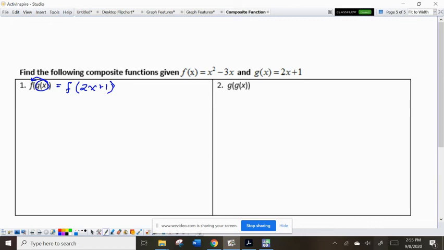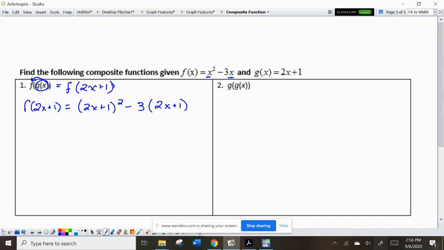And that's going to look like this. X is in 2 spots, so that has to replace both x's. Do you see that? This x and this x both have to be replaced by 2x plus 1.